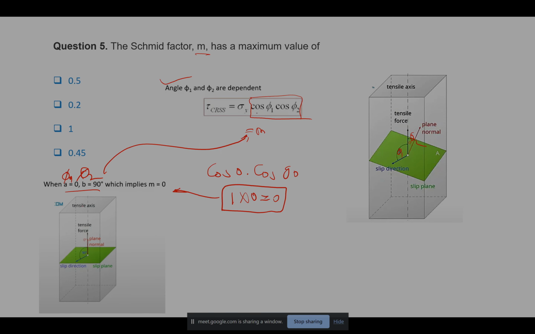The maximum value comes when we take phi 1 and phi 2 both equal to 45 degrees.